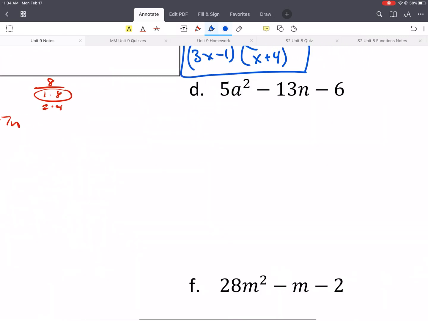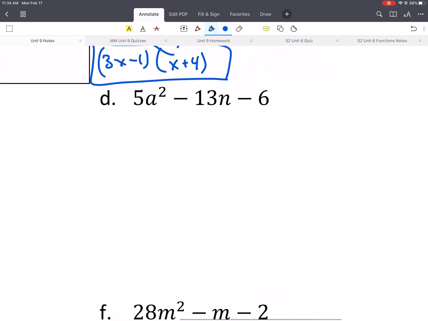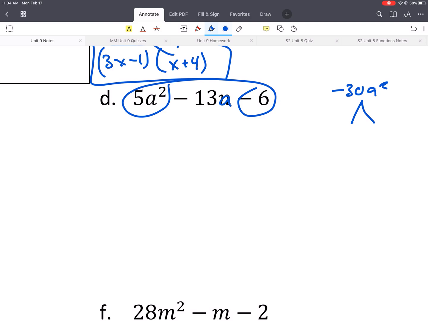All right, let's do some more. Again, we'll do glasses. That gives us negative 6 times 5a squared, which gives you negative 30a squared. And we need two things that multiply to give us that, and add to give us negative 13a.